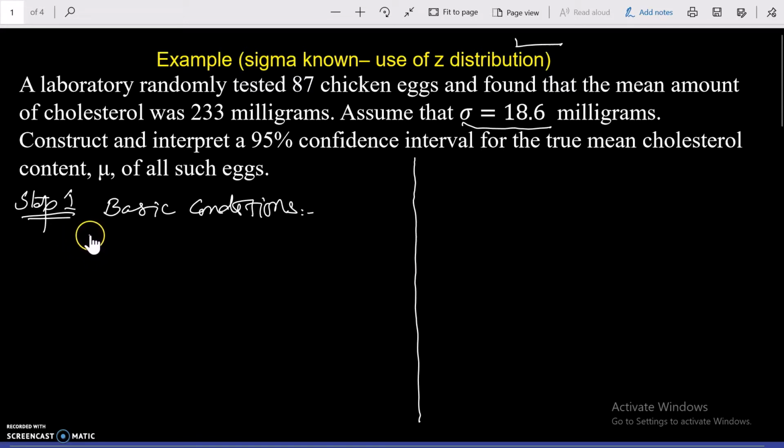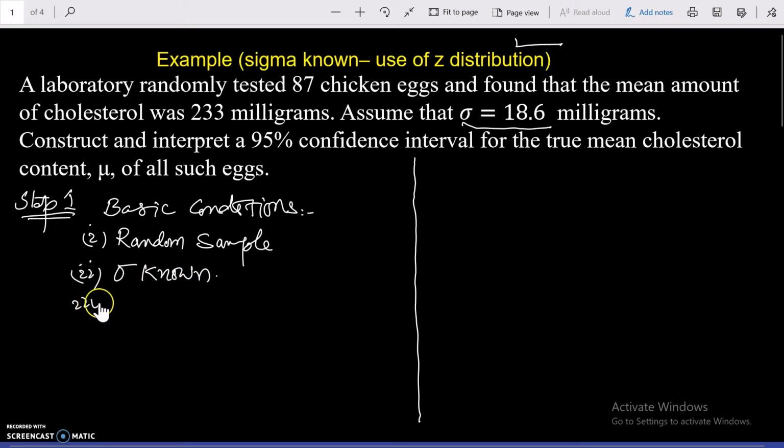The first one was you need to have a random sample. We will check these conditions. Number 2, the second condition was sigma known. The population standard deviation must be known.